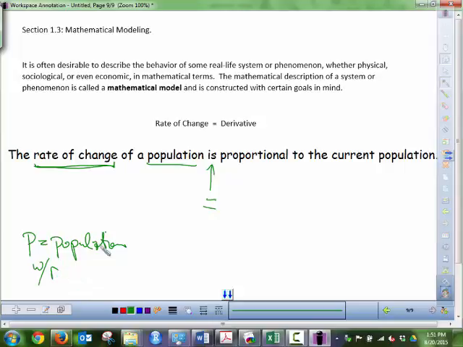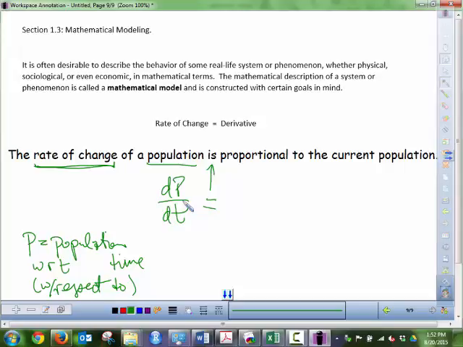Usually, WRT is how I would say with respect to. So my derivative then becomes, I want to use Leibniz notation here in this case, becomes what? dP/dt, the derivative of the population with respect to t, is equal to now.